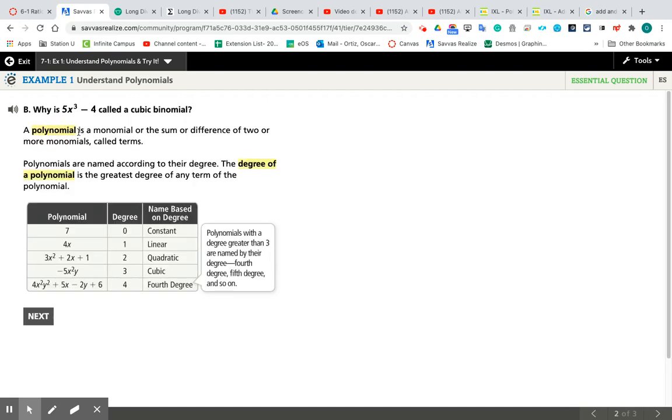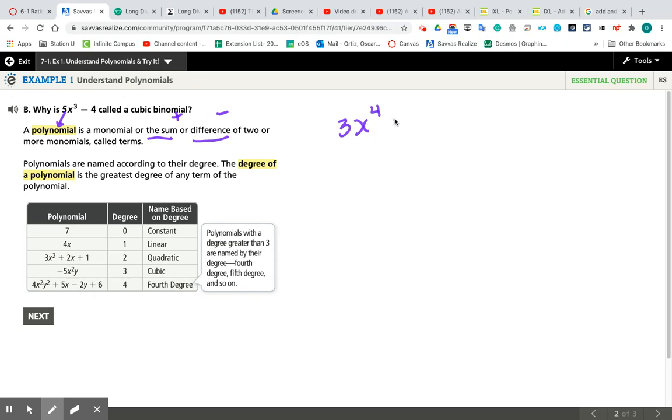We'll see. A polynomial, first of all, it could be a monomial. So let me just do a monomial here. So now we know what a monomial is. So this is a monomial. So this will be an example of a polynomial. But it could also be the sum, and remember adding, plus, or the difference, so subtracting two or more monomials.